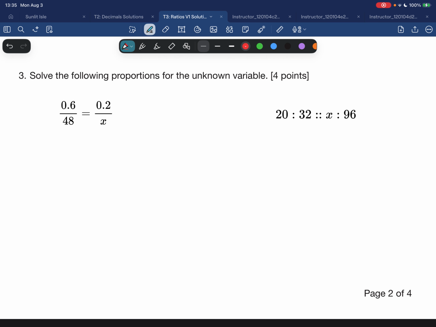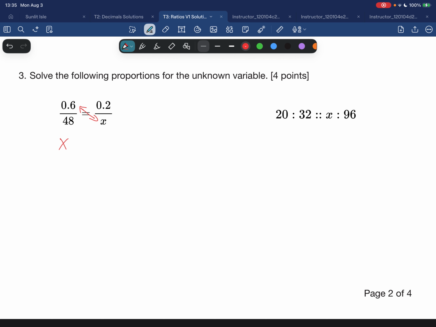Solve the following proportions for the unknown variable. On the left-hand side here, 0.6 over 48 equals 0.2 over x. Many of you solved this different ways. Something we can do, a little bit of a trick, is swap places of the x and the 0.6.